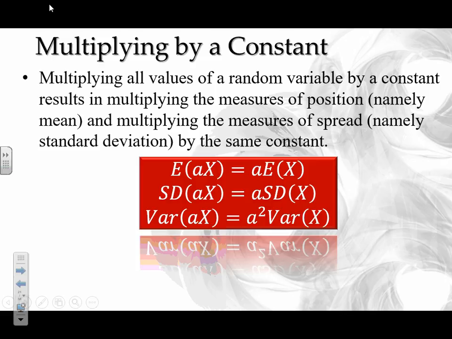So take the original variable and find its mean. Once I know what that mean is, I can multiply it by the constant, and I'm going to get the same exact value. I don't need to multiply every value and then recalculate expected value using the formula. I can calculate expected value once and then multiply by the constant.